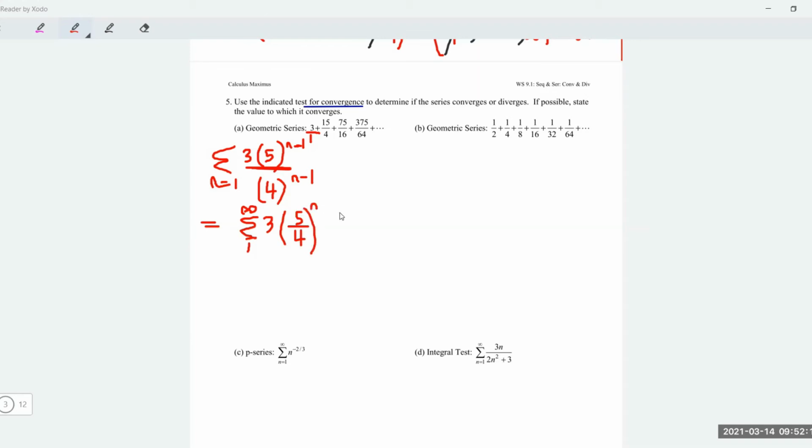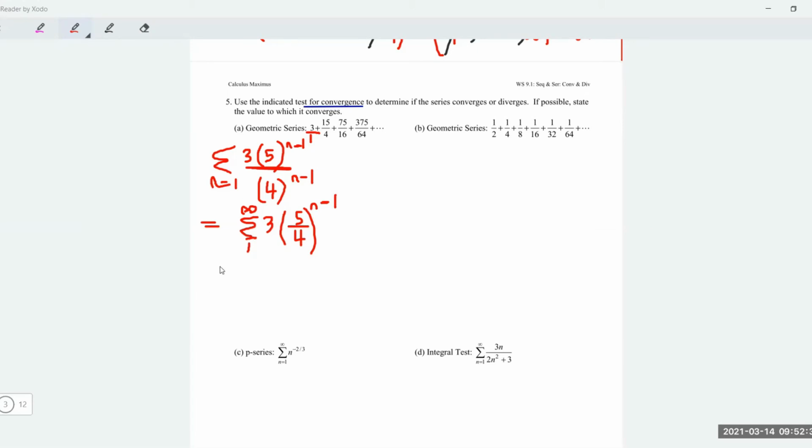All right. Now what does the convergence test tell us? It tells us that if the summation converges, then the limit of the nth term must go to 0. So all we need to do is show that the limit of the nth term goes to 0. So let us see.